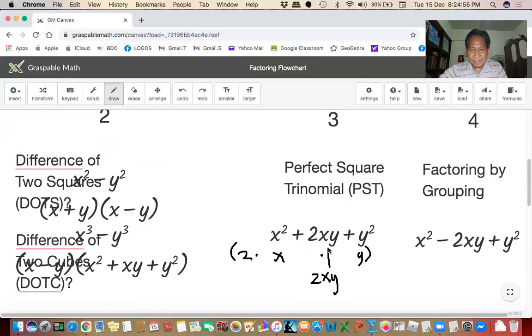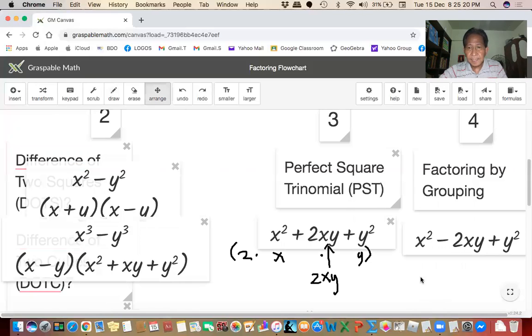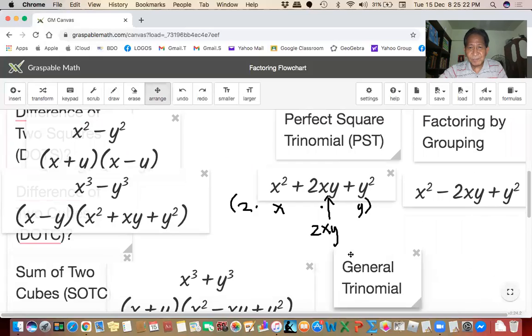If it matches the middle term of your problem, then you have a perfect square trinomial, and you can factor it as a perfect square trinomial. Now we'll discuss trinomials in another video. For now, I'm just introducing special factorization for trinomials.